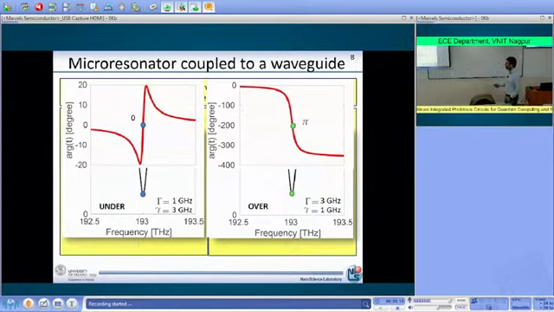While in the case of the undercoupling condition, the phase of the light coming out from the waveguide is equal to the phase of the light that was inserted in the waveguide. So you have a difference in the phase that is equal to 0. While in the overcoupling condition, the difference in the phase is pi.